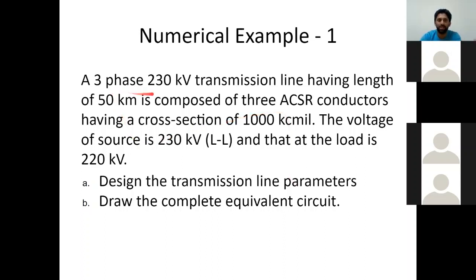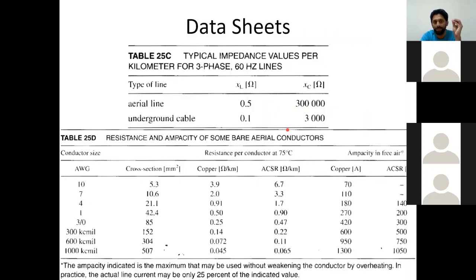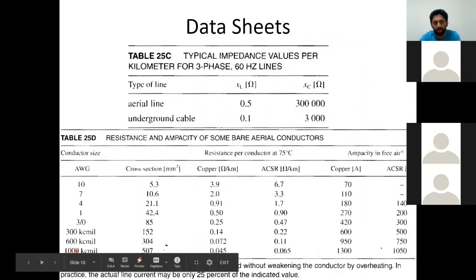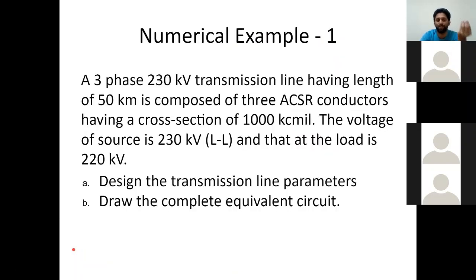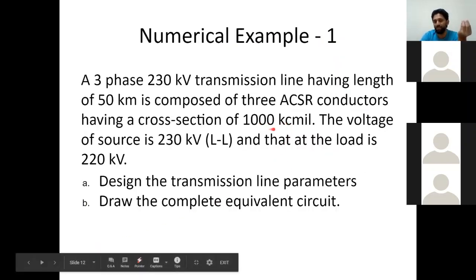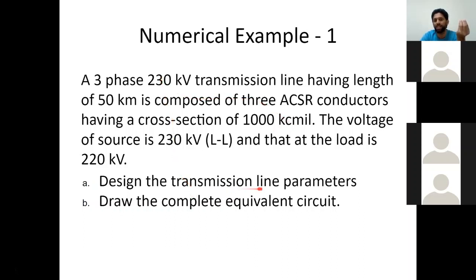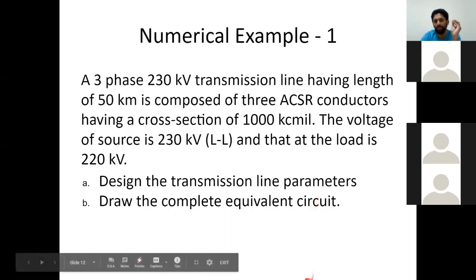A 3-phase 230 kilovolt transmission line having length 50 kilometer is composed of 3 ACSR conductors having cross section 1000 kcmil. You see this here, 1000 kcmil. So wire gauge size, everything is given directly here. You don't need to calculate anything. Wire gauge size is given, voltage is given, and you have to calculate the transmission line parameters. This I will show you how to do.